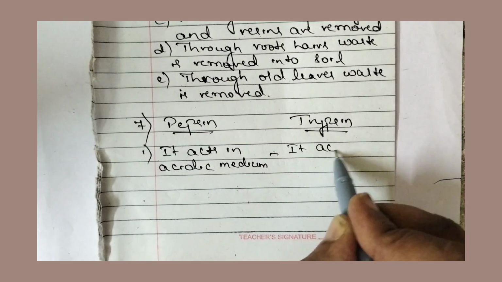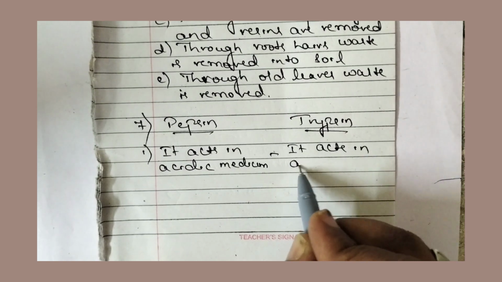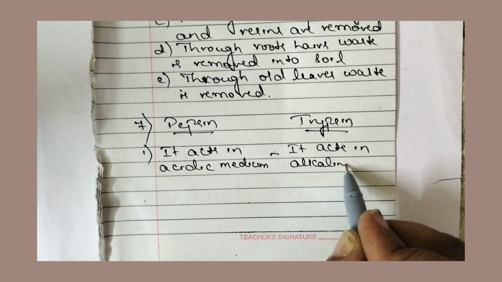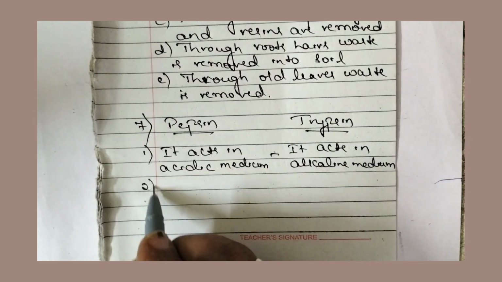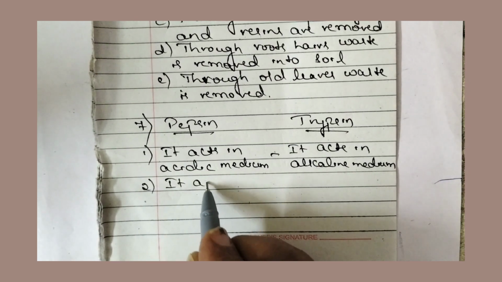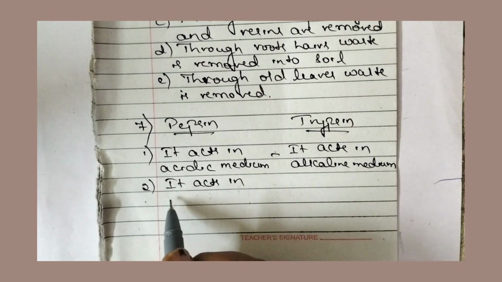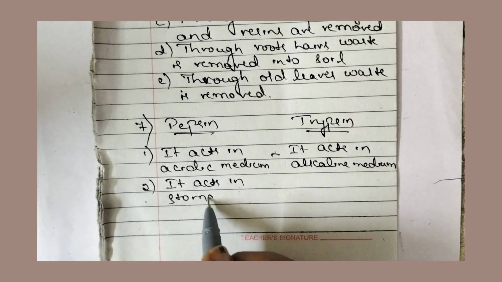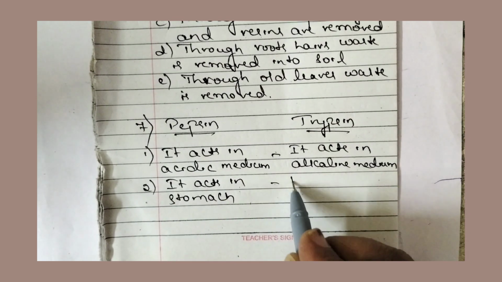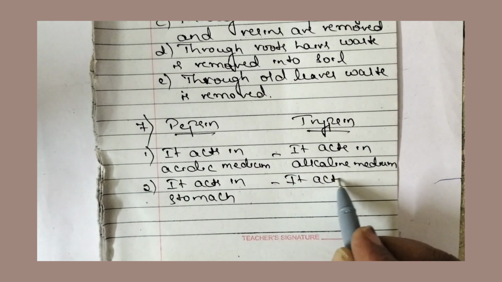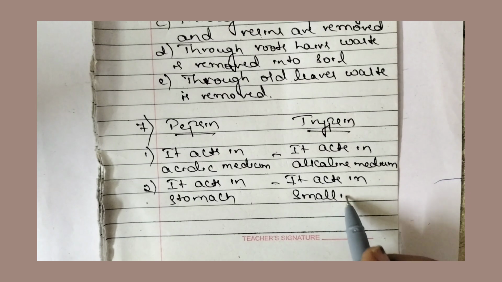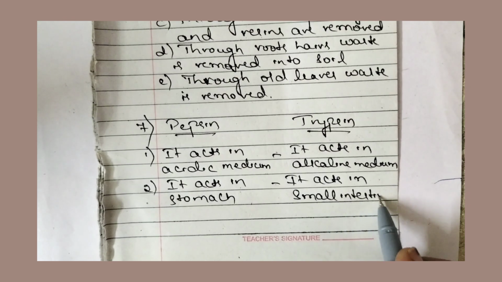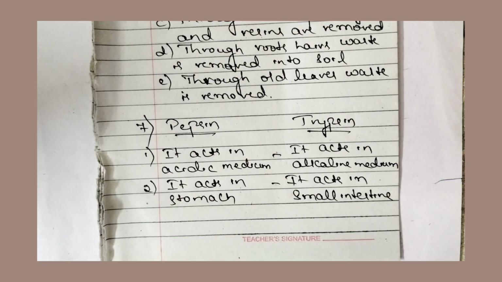Trypsin acts in alkaline medium. Second, pepsin acts in the stomach, and trypsin acts in the small intestine. So these are the differences between pepsin and trypsin.